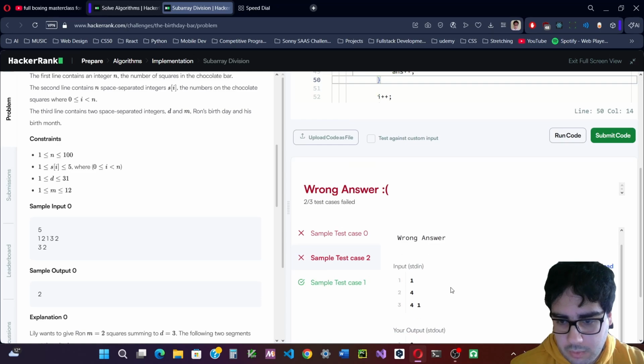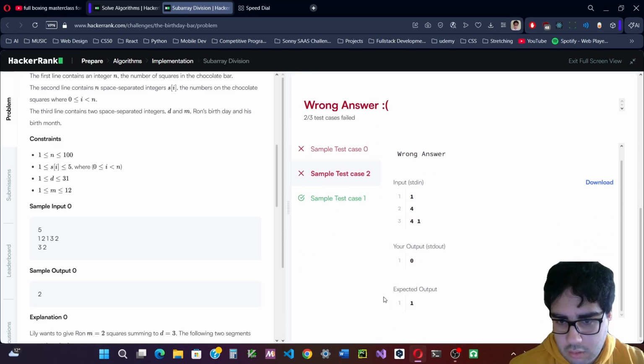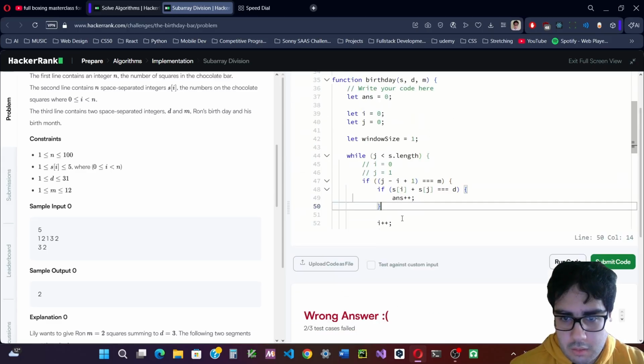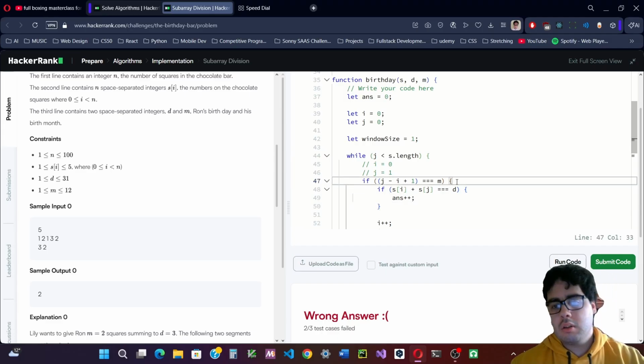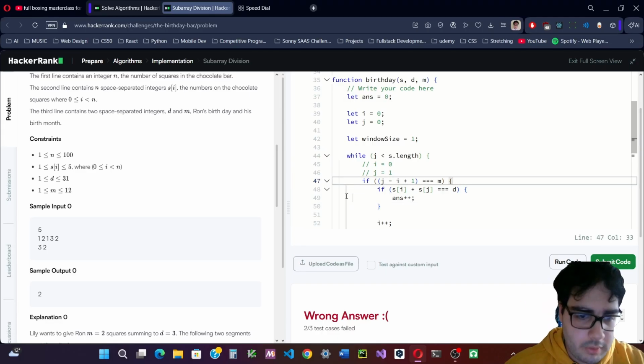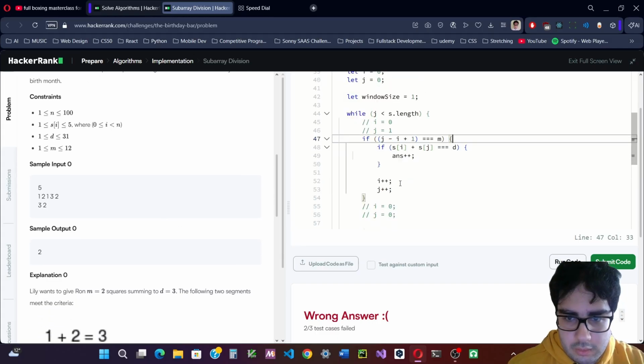Okay, so the problem is we check s of i plus s of j, but this is both gonna be 0.